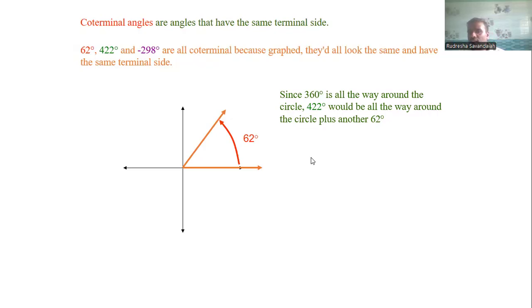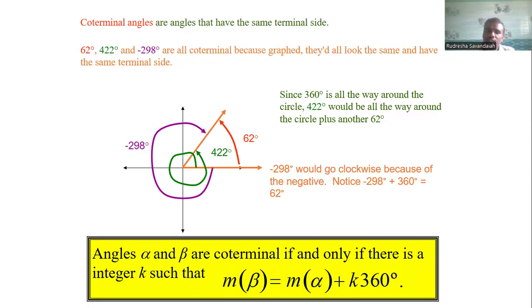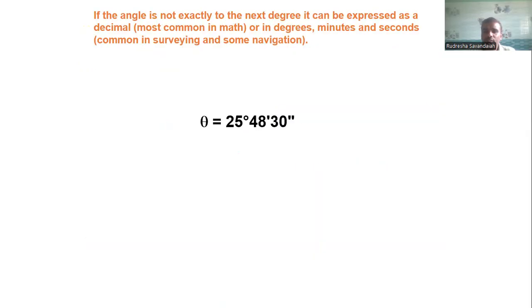Since 360 is all the way around the circle, 422 degrees would be all the way around the circle plus another 62 degrees. Angles alpha and beta are co-terminal if and only if there is an integer k such that beta equals alpha plus k times 360 degrees.